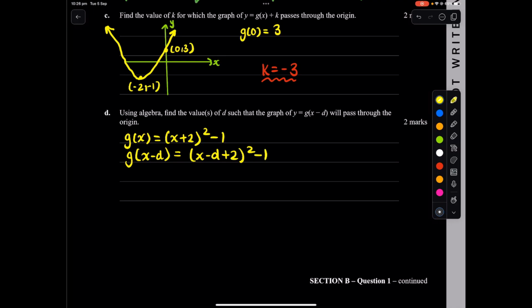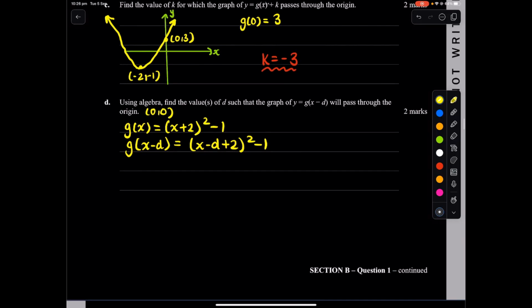If we want it to pass through the origin, which is 0 and 0, we want this to equal 0. So if we solve this to find the x-intercepts, remember, we want this y here to equal 0. So if we equate this whole function, minus 1 equals 0.